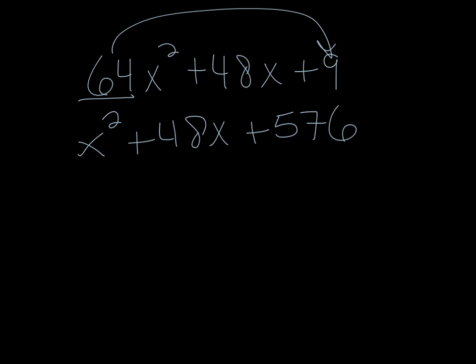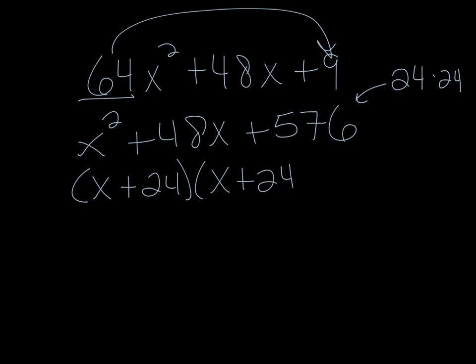And then we're in charge of factoring that, so figuring out what multiplies to 576 and adds to 48x. And well, because I know it's a perfect square trinomial, I also know that 24 and 24 are going to multiply to 576, and I also know that they add to 48, so this is x plus 24, x plus 24.